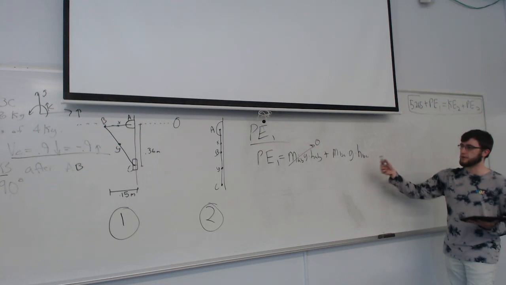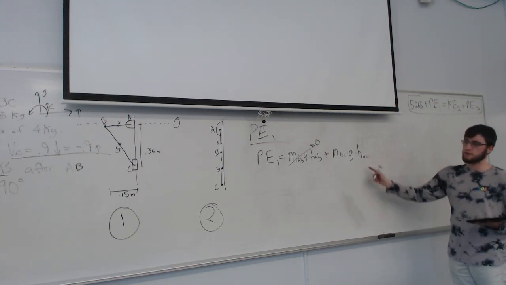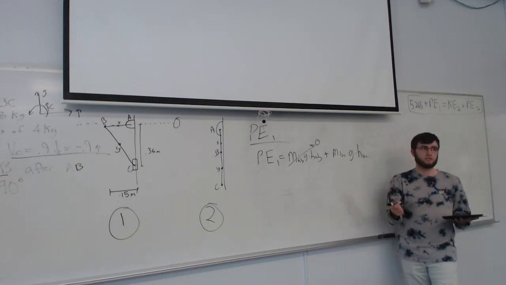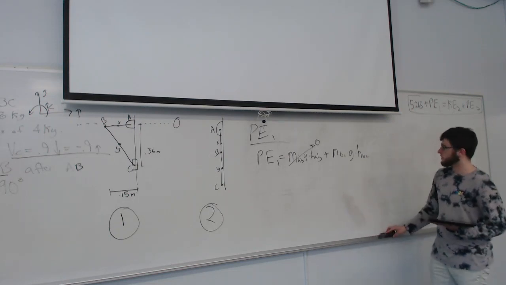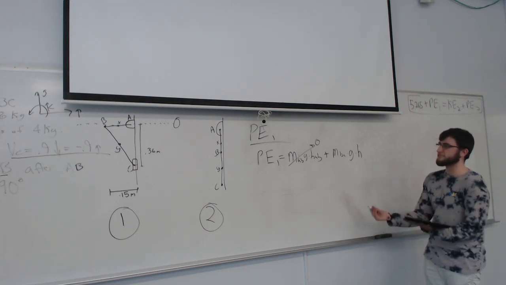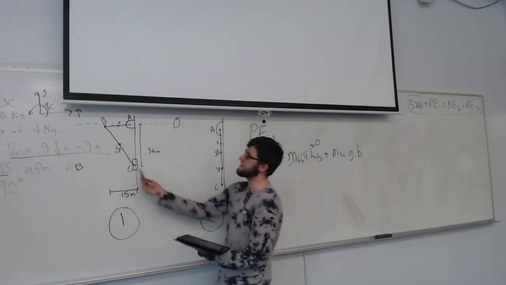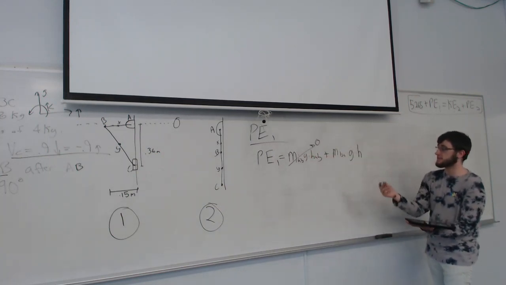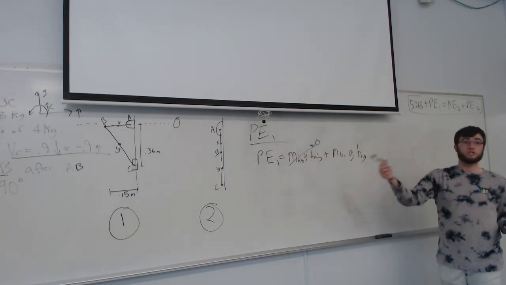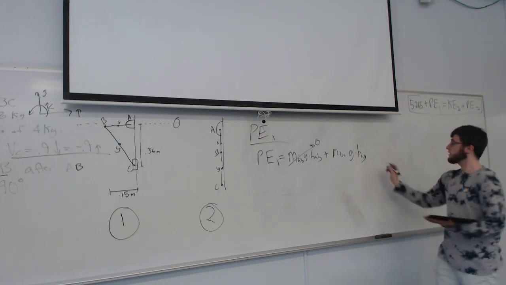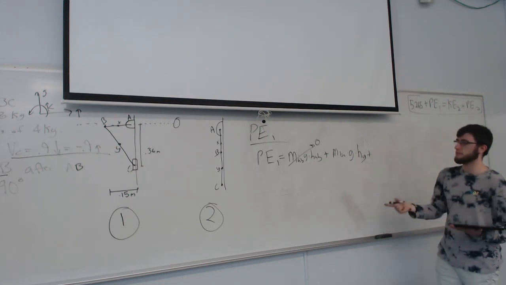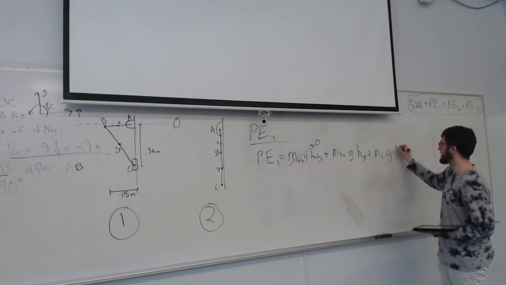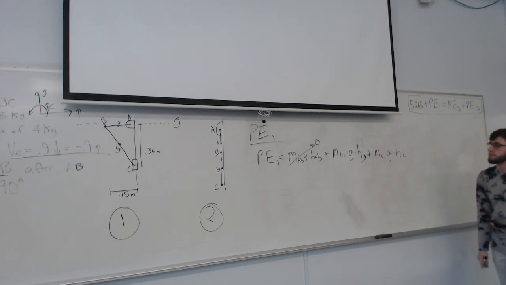And the way we quantify the height of BC, it's the height of Y, its center of mass. Are there any questions there? So instead of the height of BC, because that doesn't really make sense because it's a rod, it's not like a point, you quantify the height of BC with its center of mass, which is Y. Okay? So then the last term is the collar C. Mass of C times gravity times the height of C.